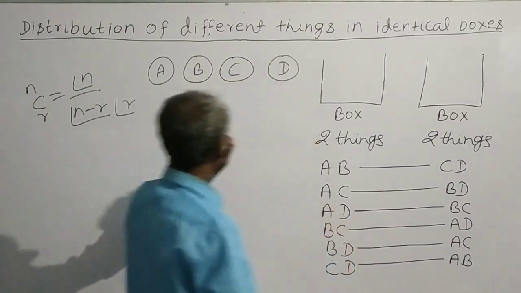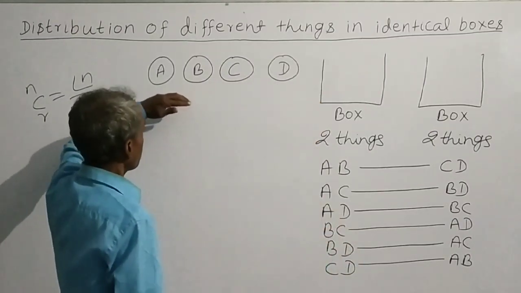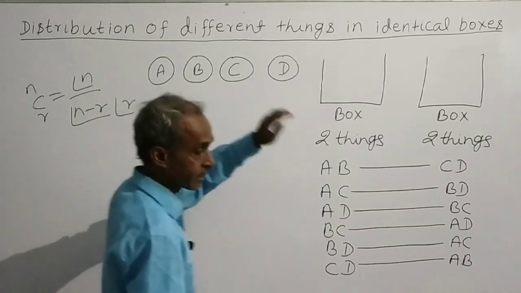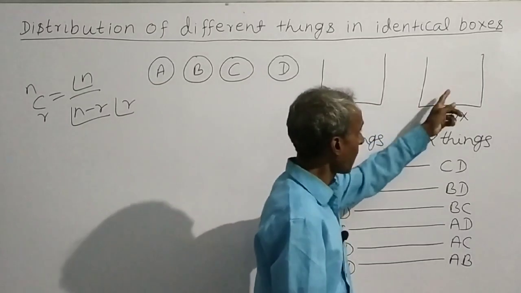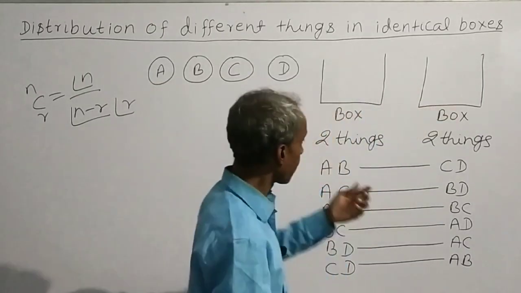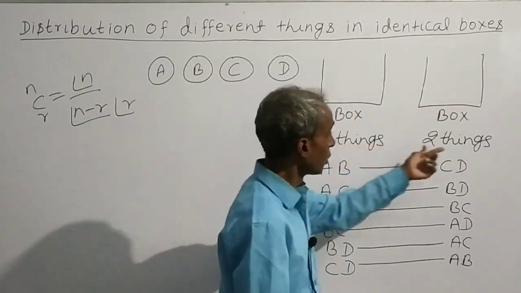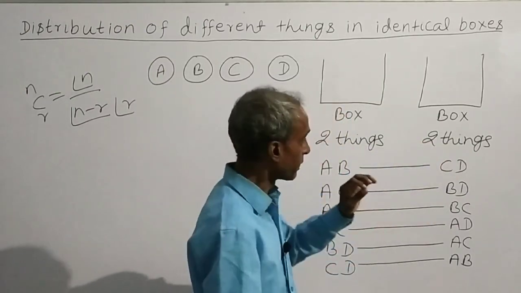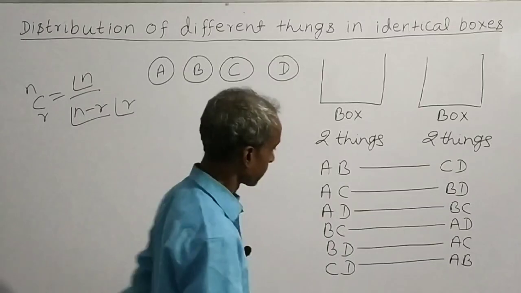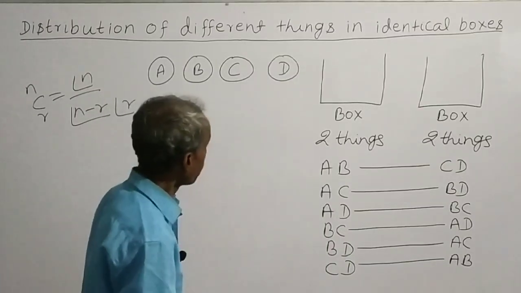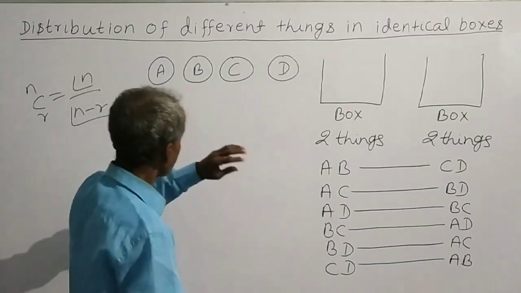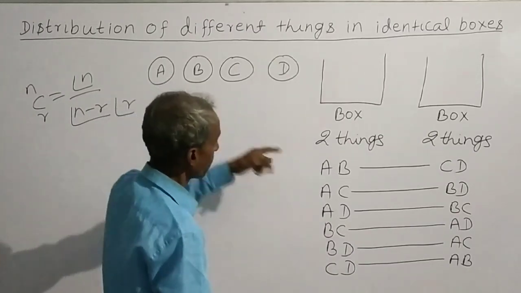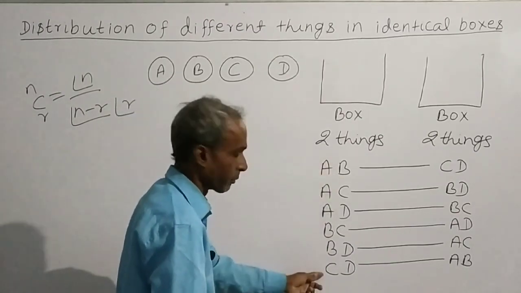But when we are asked to distribute these 4 different things in these 2 identical boxes such that each box contains 2 things, that means an equal number of things, then we take the combination of these 4 things taking 2 at a time.